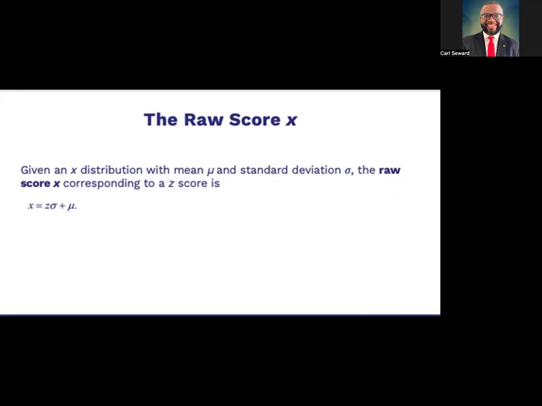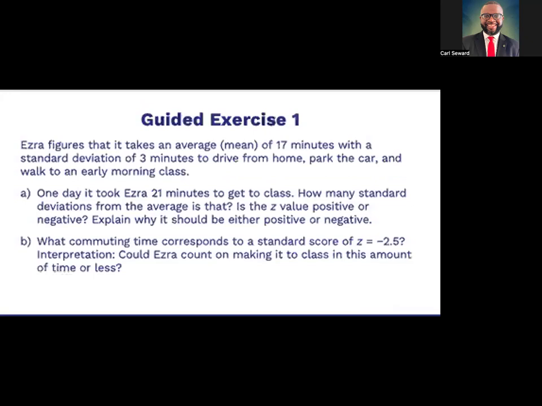And then let's look at this guided exercise. Let's talk about Ezra. Here's a scenario that you might relate to: getting to class on time. Ezra usually takes 17 minutes on average with a standard deviation of 3 minutes to get to class. On one day, it takes him 21 minutes to get to class. How many deviations from normal is that?